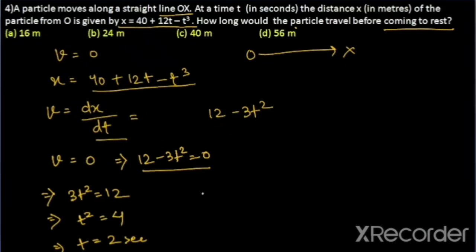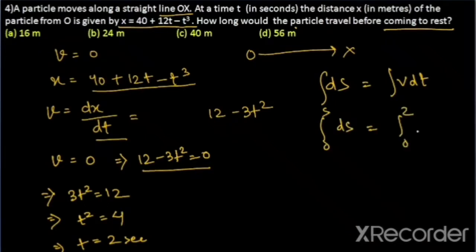Now, the distance traveled in these 2 seconds, or distance traveled by the particle before coming to rest, we know the integration of ds is equal to integration of v dt. So integral from 0 to s of ds is equal to the integral from 0 to 2, time is 2 seconds, of v dt. That implies s is equal to the integral of v dt.